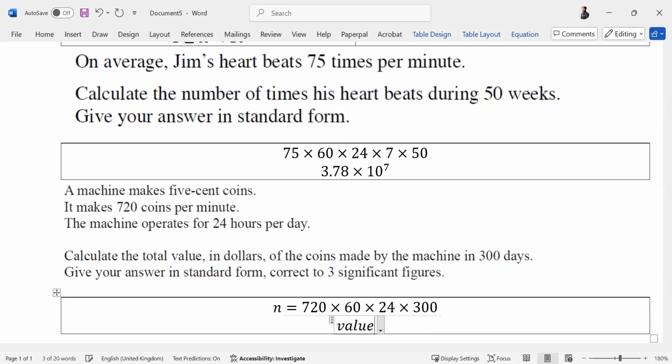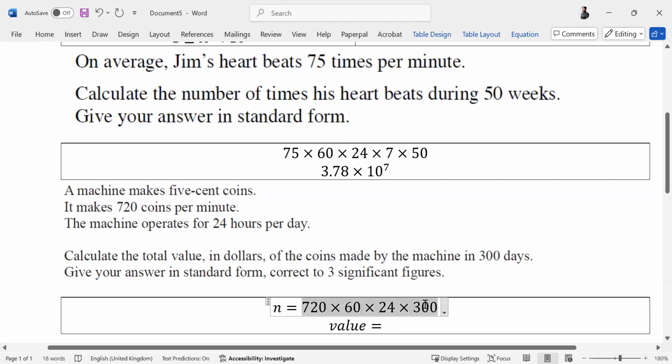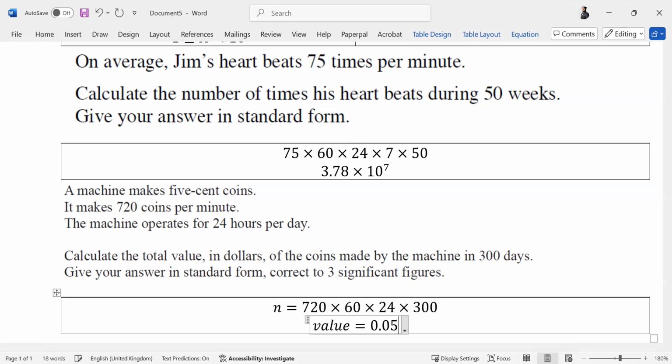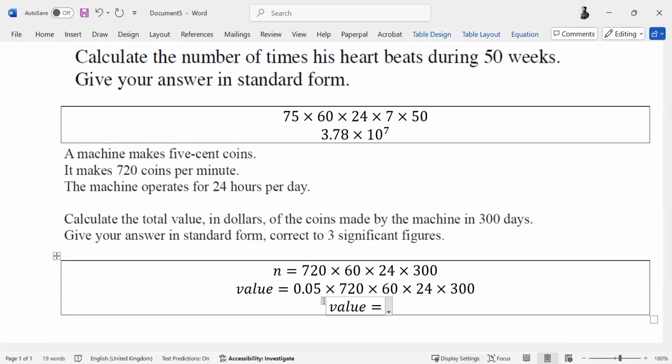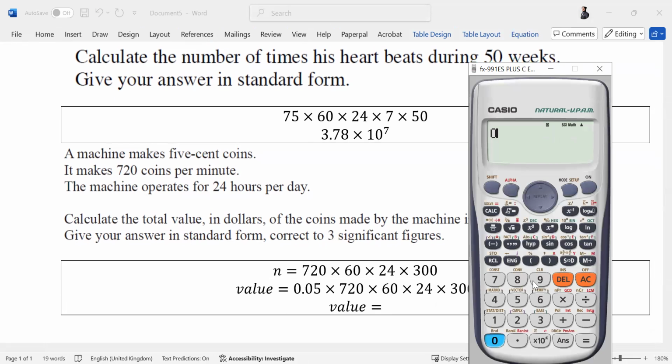Now, how do I find the value? These are the number of coins, and I'll multiply it by the value of 1 coin, which is 5 cents, or I can write it as $0.05 directly. Now, in order to find the value, I'll just plug it into my calculator.